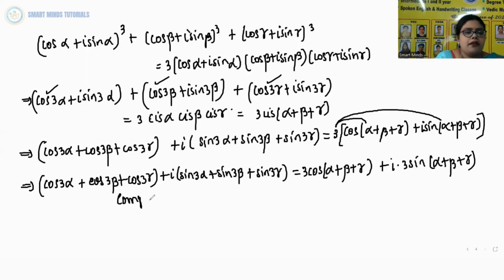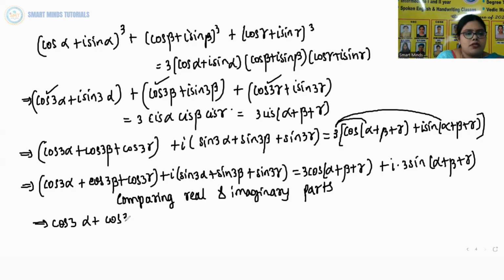Now comparing real and imaginary parts. If you compare real parts, you will get cos 3 alpha plus cos 3 beta plus cos 3 gamma is equal to 3 cos(alpha plus beta plus gamma).